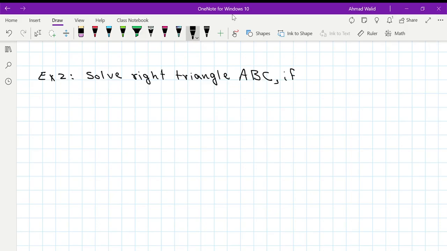A is equal to 29.43 centimeters and C is equal to 53.58 centimeters.